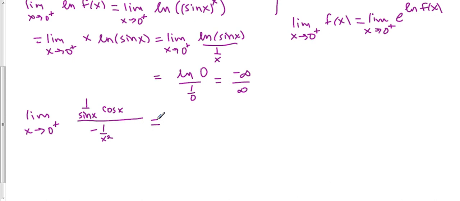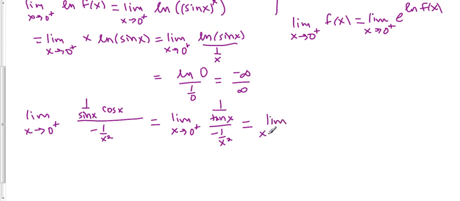Now, as we said in the last problem, a key step here is doing some algebra and rearranging things, simplifying things. So I'm still going to have my limit as x goes to 0 from the positive side. I'm going to acknowledge that this is 1 over tangent x, and then nobody likes fractions that look like that.